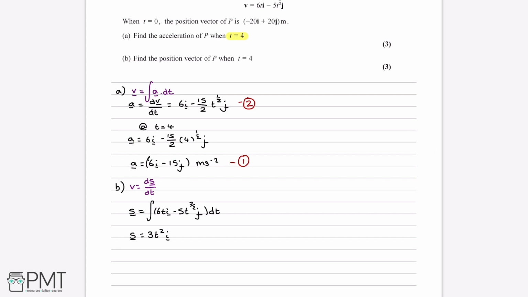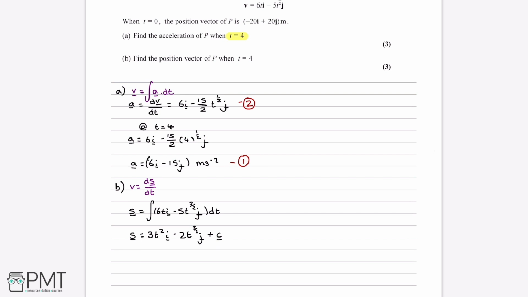Then same for the next one, adding 1 to the power: 5 divided by 5 over 2 gives us 2t to the power of 5 over 2 j. Because this is integration, we need a plus c. But the difference with integrating vectors is that the c is also a vector, and when we find c, it will have an i and a j term. So now we have this expression for the position vector of P, but we don't know what c is.